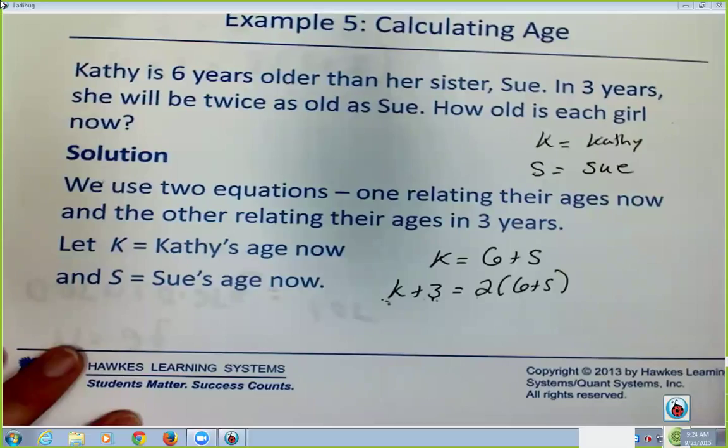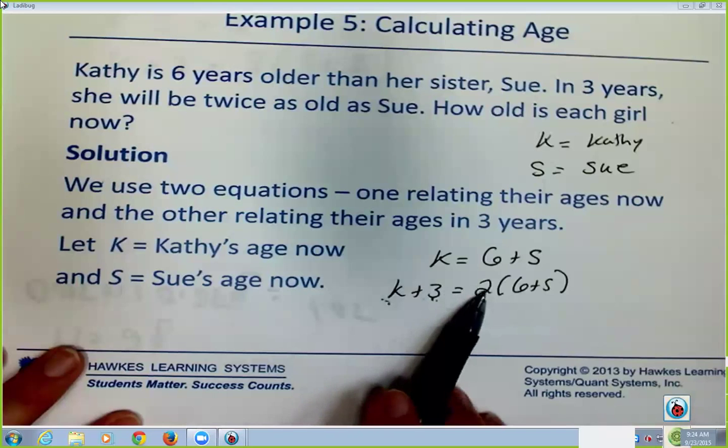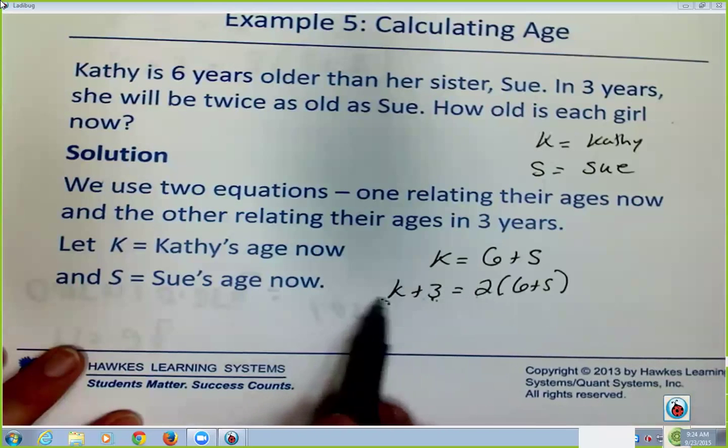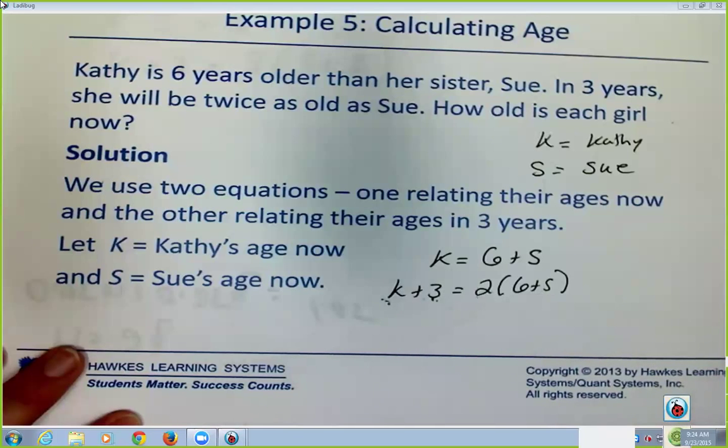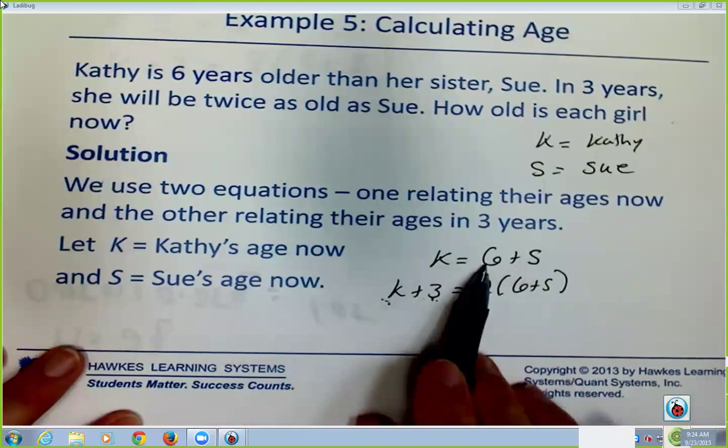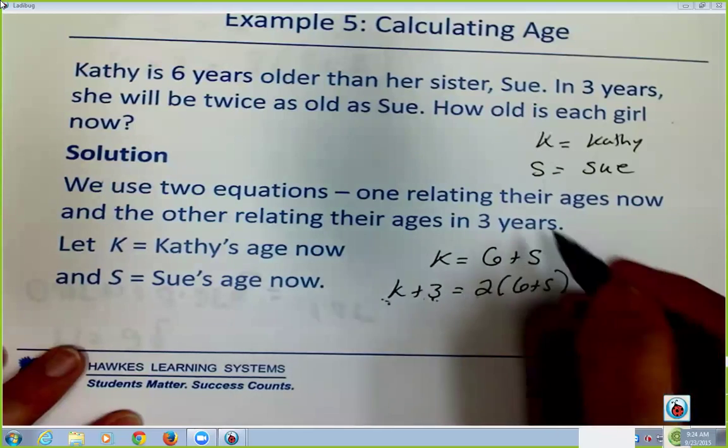You add 3 years of her current to Sue's age, multiply by 2, it equals Kathy's age plus 3. So what were we saying? What did you say, Nick? K plus 3, 2 times S plus 3. S plus 3. Because up here we had the age that matched each other. Yes, thank you.